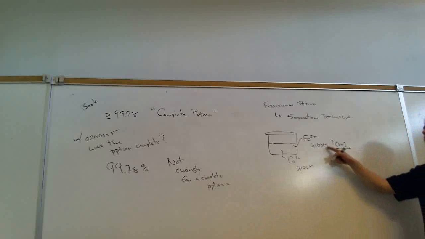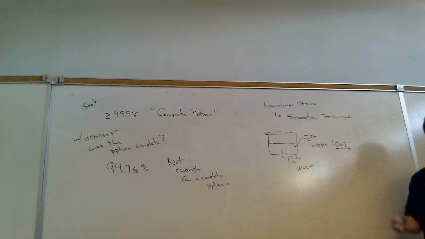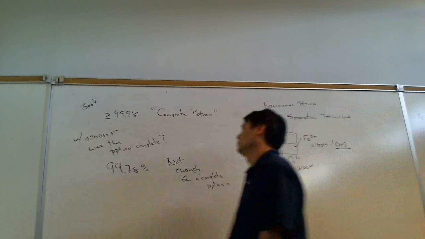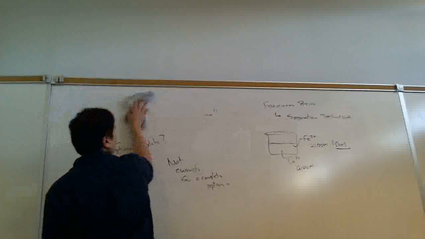Now the question is, do they both start precipitating at the same time? Or do they precipitate at different times? And why would they precipitate at different times? Yeah, the one that's most insoluble will precipitate out first.